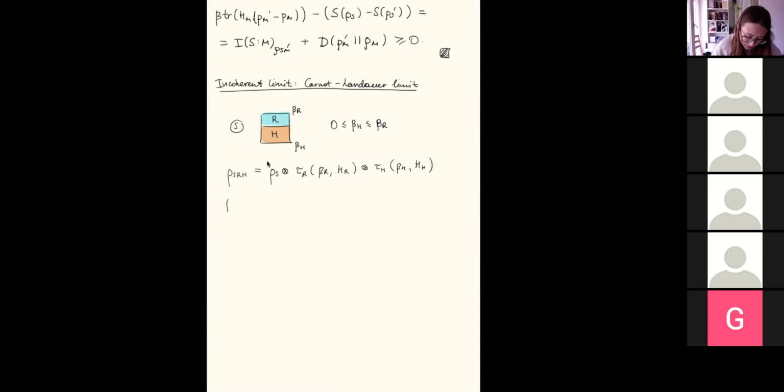Then we apply a unitary to the joint system. And here we pose an additional assumption, namely, we assume that the unitary is energy preserving, so it commutes with the global Hamiltonian.